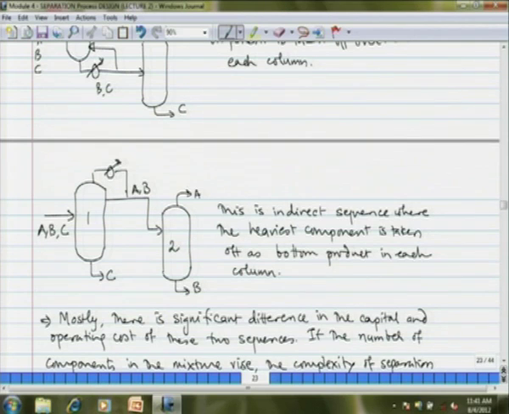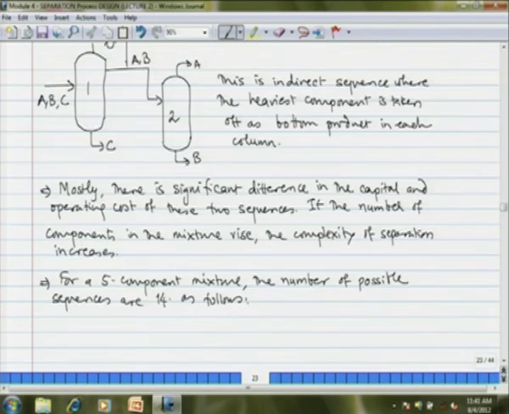The heaviest component is taken off or removed in the first place. This sequence is known as the indirect sequence, where the heaviest component is taken off as the bottom product in each column. Although these sequences look similar, they are not the same, and there will be a significant difference in the capital and operating cost of these 2 sequences.